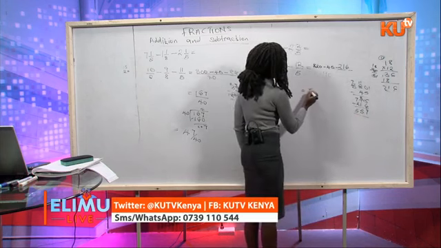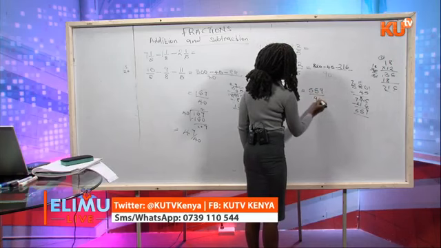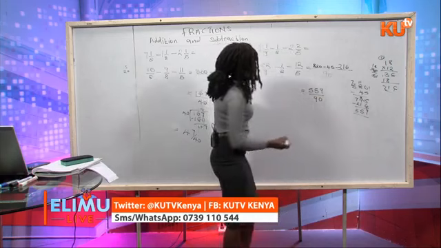We get 559 over 90. Then we change this to a mixed fraction.